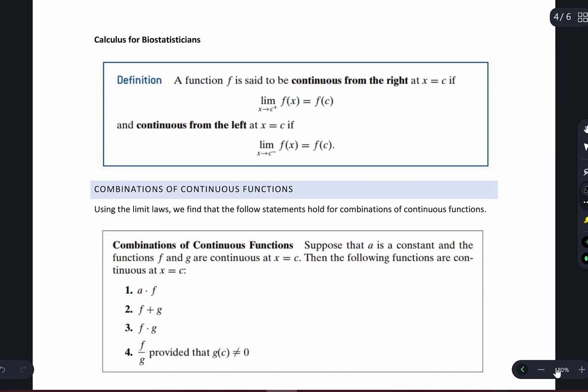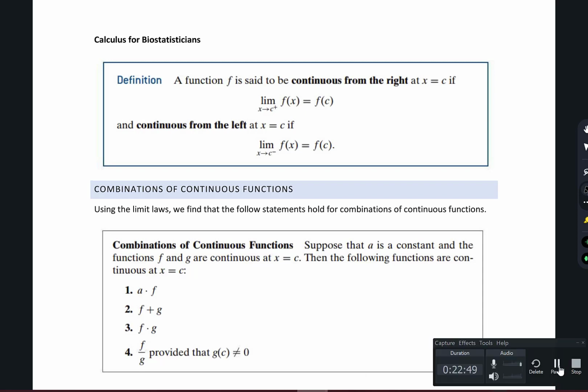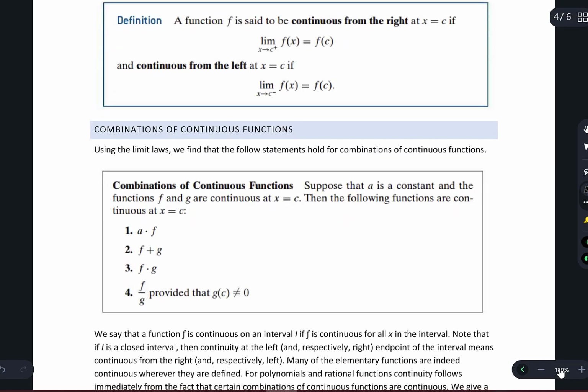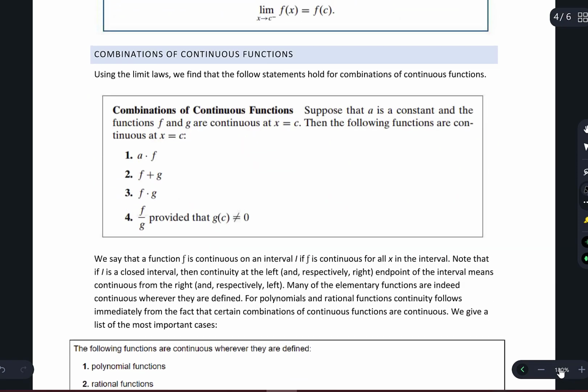We could also be continuous from the right or continuous from the left, very similar to how we can look at limits from the right or left. And then using the limit laws, we could find that the following statements hold for combinations of continuous functions.